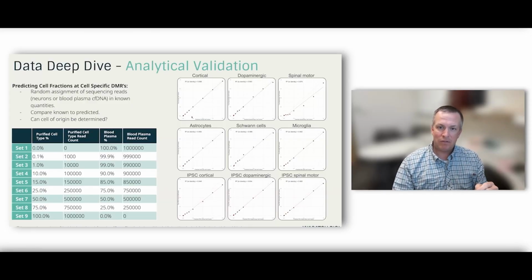And so we're effectively looking at our capacity to take random reads taken from cortical neurons, spiked into blood plasma, and being able to predict how much we spiked in initially. And you can see that when we did this with our cortical neuron model, it worked beautifully. Same with dopaminergic. Spinal motor is the weakest model that we have right now. We're working on improving that, but even that showed some promise.